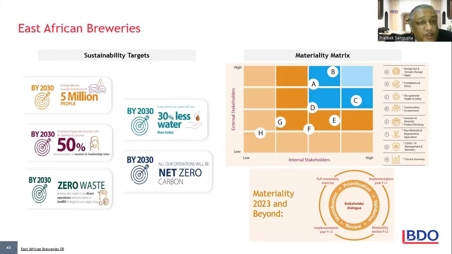They're looking to be a zero waste organization by 2030. They're looking to be consuming 30% less water by 2030. And they've also taken a net zero carbon target for 2030. And just like KCB and Bamburi, they have also prepared their materiality matrix in detail, and this can be found in the sustainability report.